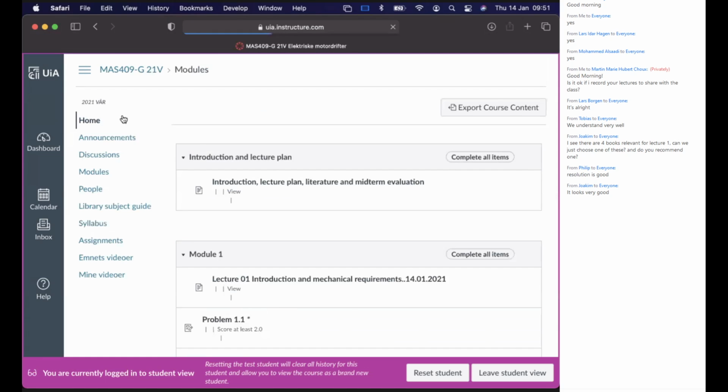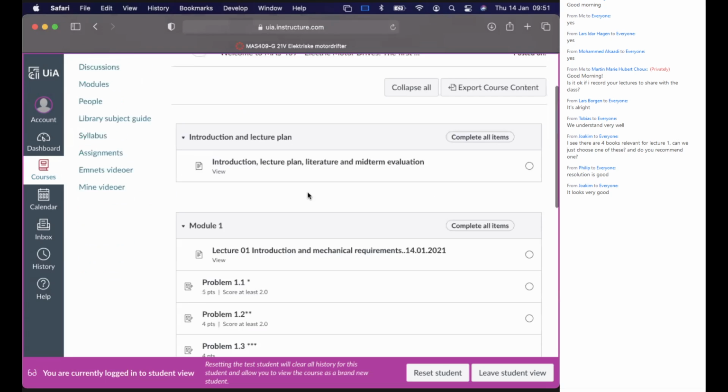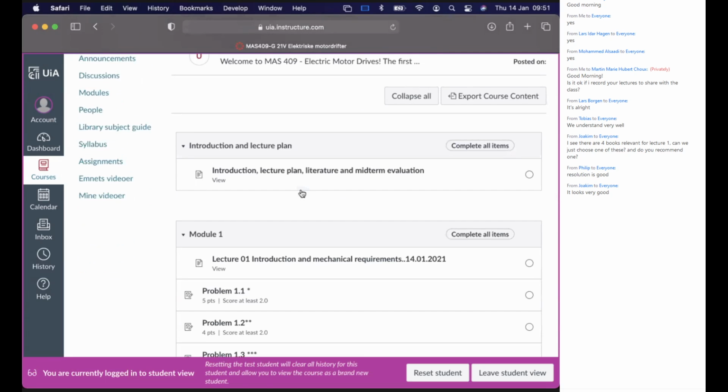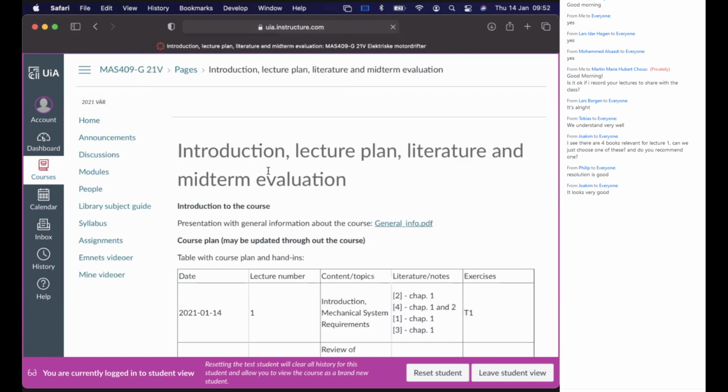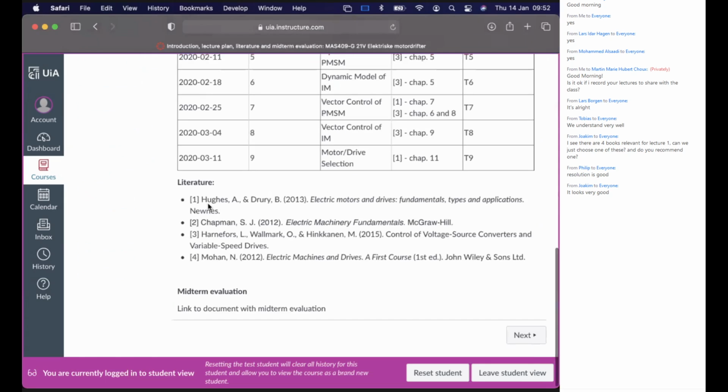And now if we look at how the course is organized. So this first introduction here is about literature and lecture plan and literature. And there was a question now. Yes, as you noticed, you have 4 different literature.